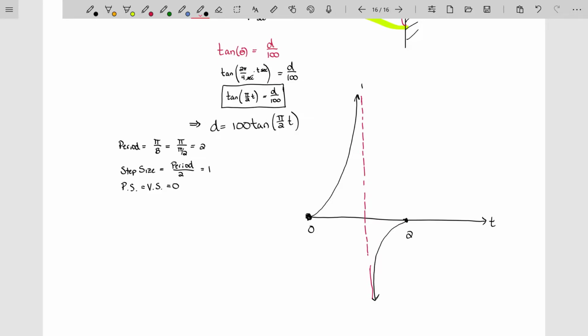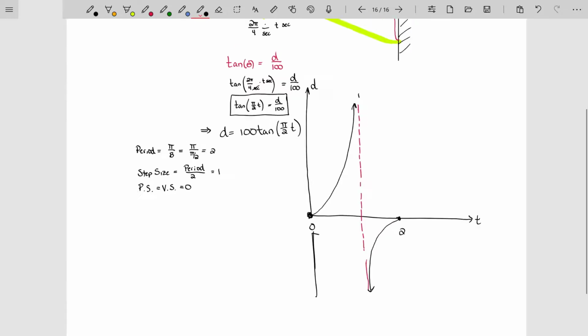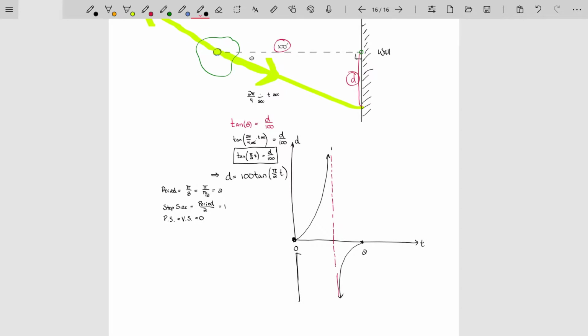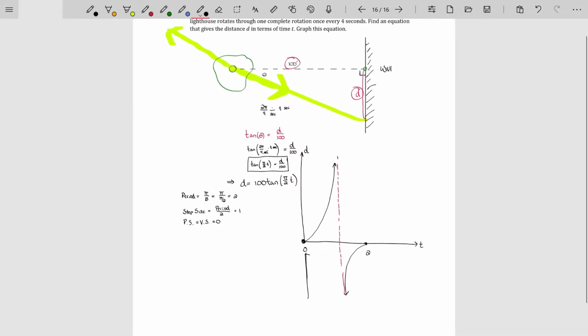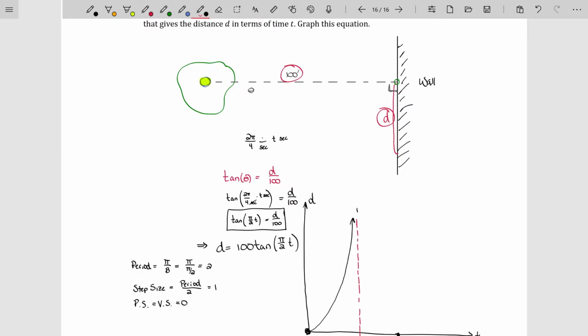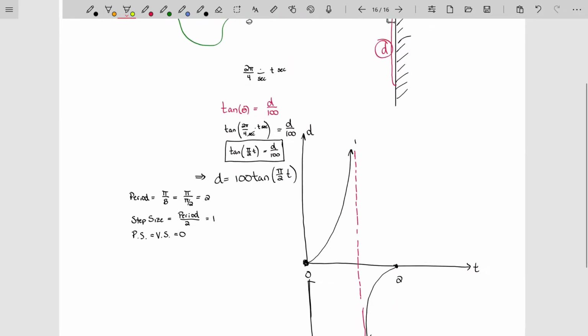And the 100 doesn't really come into play because it's very difficult to deal with, this is the d-axis, to graph the 100. But this basically means at 0 seconds, the distance along the wall that light has moved. It assumes, by the way, the light is at 0 seconds pointing straight at the wall. So the distance is 0 at 0 seconds.